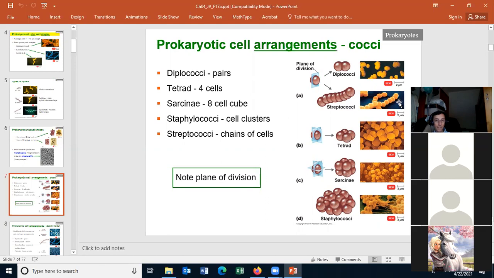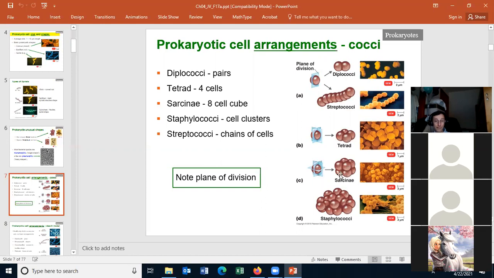You can also have cocci in a tetrad, 4 cells stuck together. And what happens is the cells divide on this plane, and then on that plane, and then they divide, let's see, they divide on this plane, making that one, and then both of them divide on this plane, making these two.